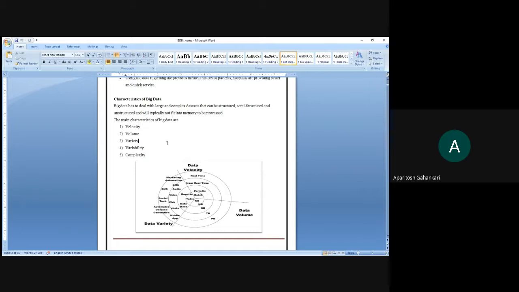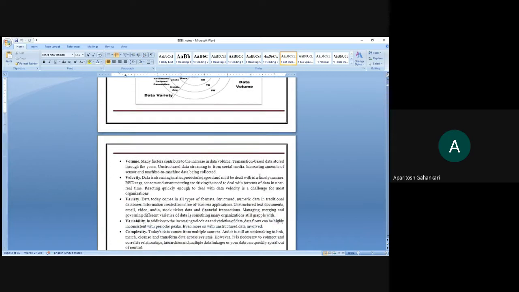So there is variability, and because of variety, volume and velocity, the complexity of the data is very high. That is why we are saying that you require a separate set of tools. You cannot use your traditional database management system to process this complex, heterogeneous data, and that is why we need to learn big data analytics.